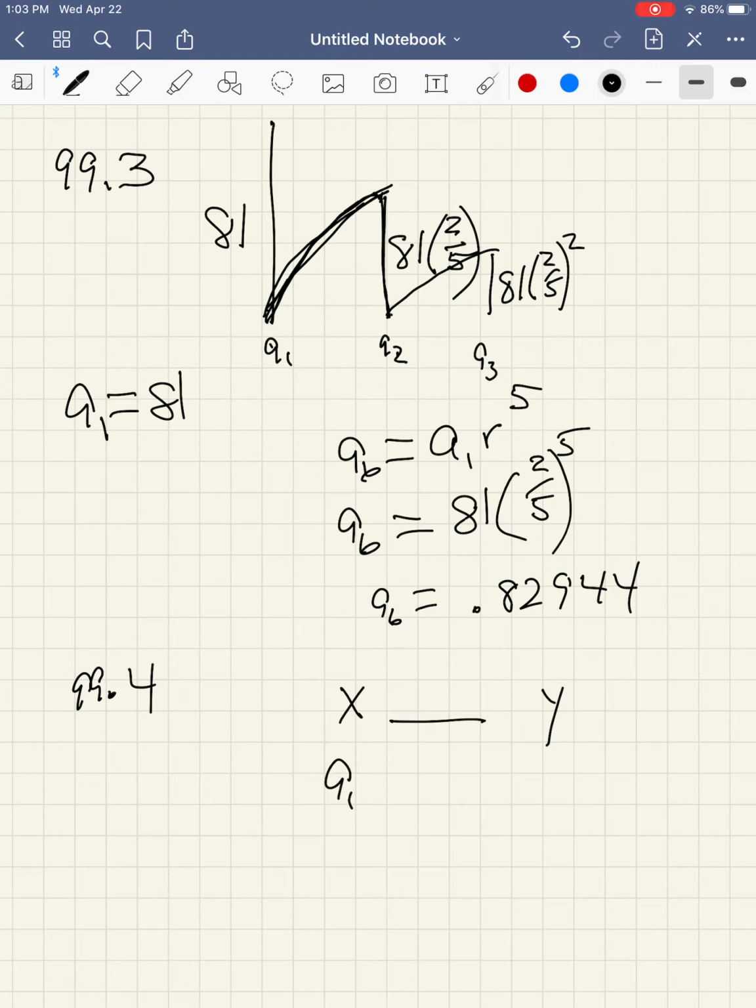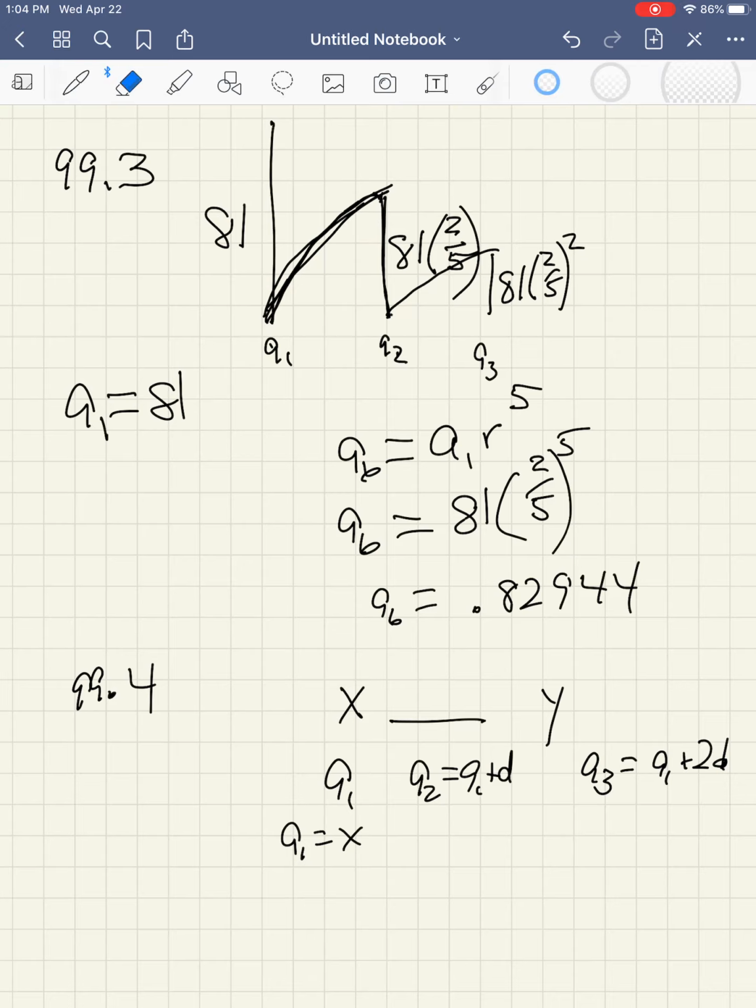This is a1, this is a2, which is the same as a1 plus d, and this is a3, which is the same as a1 plus 2d. All right, so a1 is x, and a3, actually, y is equal to a1 plus 2d.